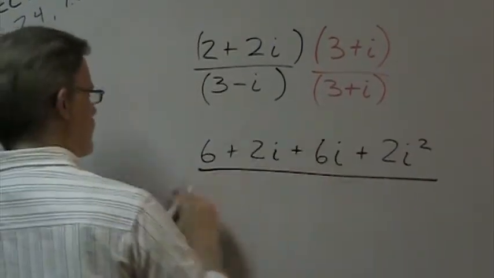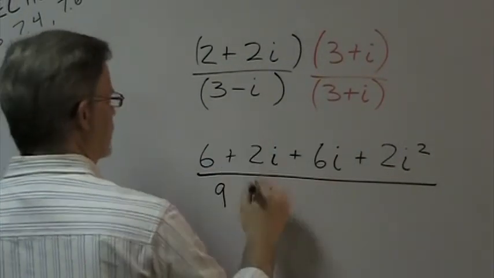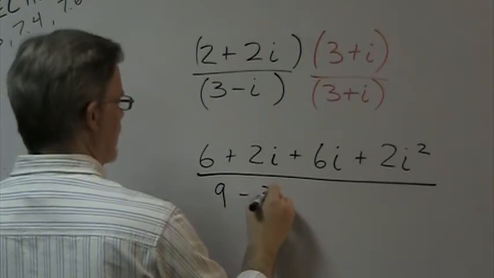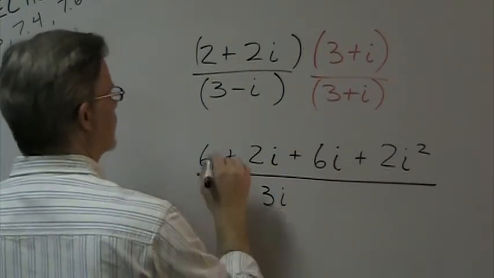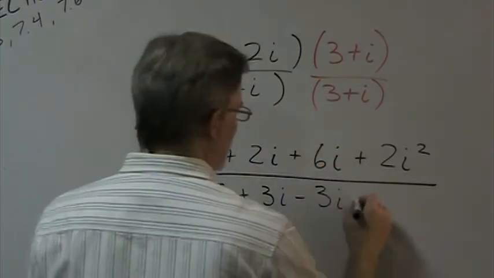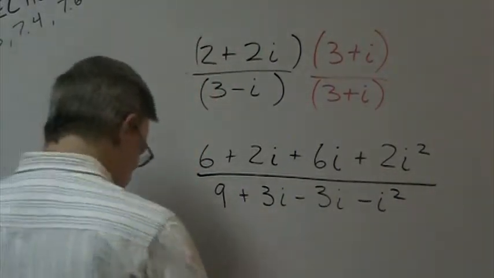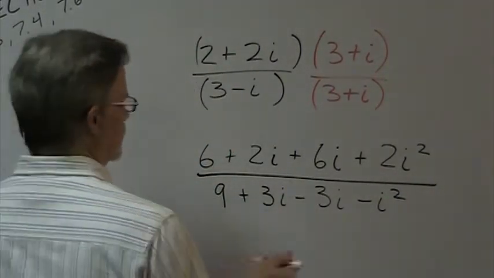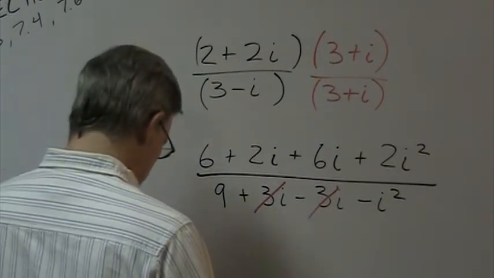And then the bottom here. You've got 3 times 3 is 9. The outer term is positive 3i. The inner term is negative 3i. And the last term is a negative i squared. Well, these terms clearly cancel. So let's see what we have at the top.